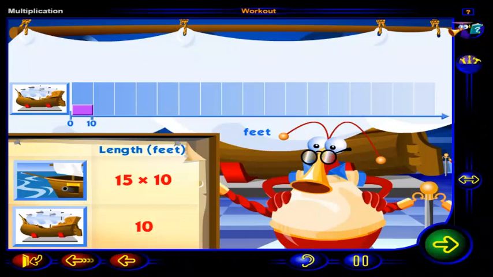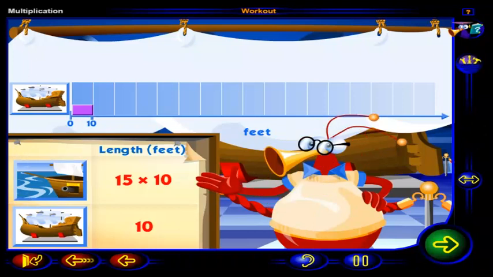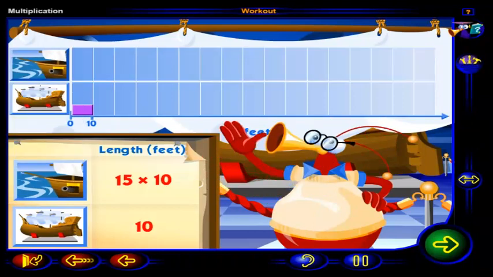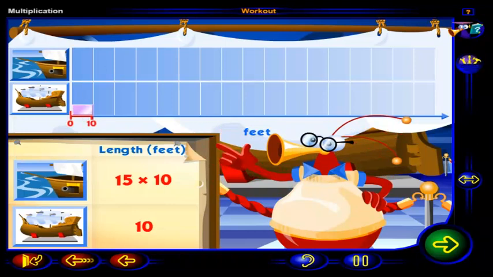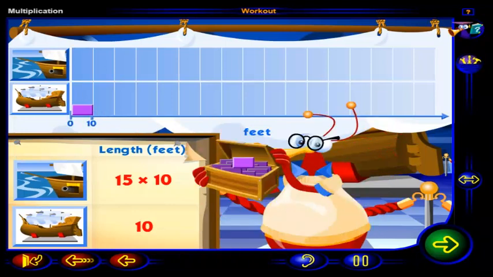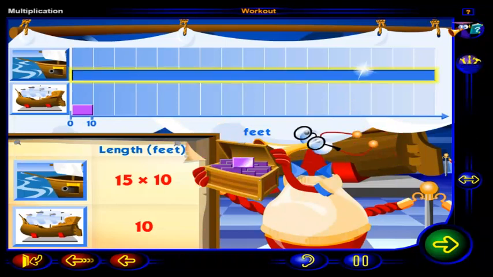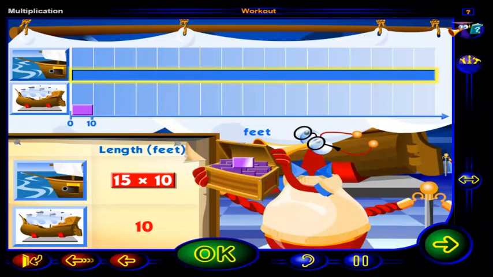Now let's show the length of the real pirate ship. The length of this bar shows 10 feet. Now, drag as many bars as you need here to show 15 times 10 feet. Then click OK.